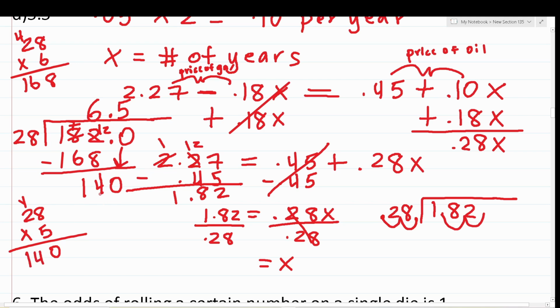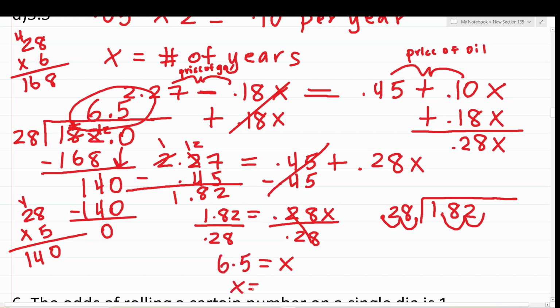So 28 times 5 is 140. 140 minus 140 is 0, so there is no remainder. So we know that 182 divided by 28 is 6.5.